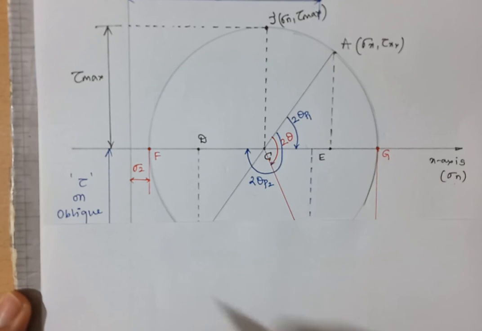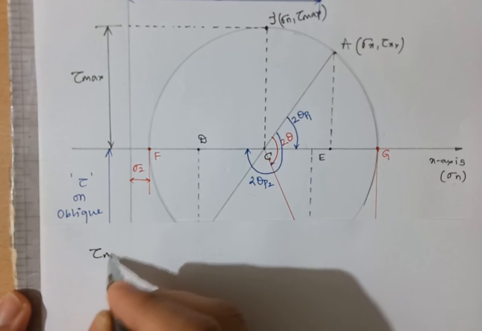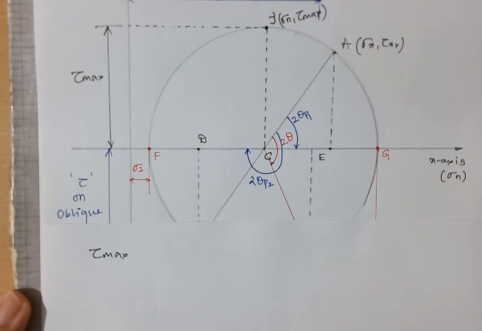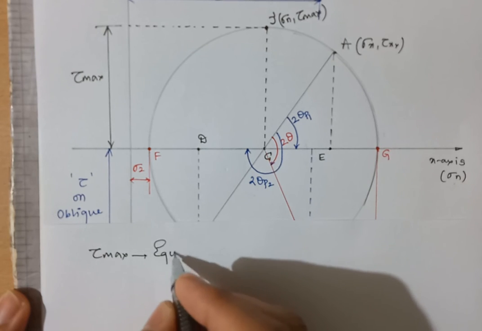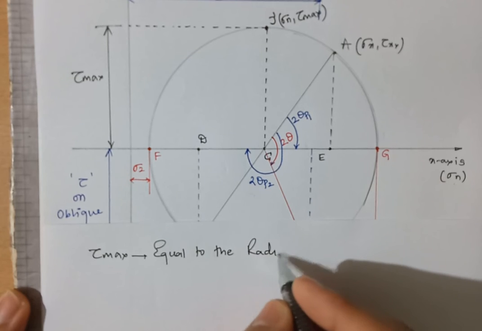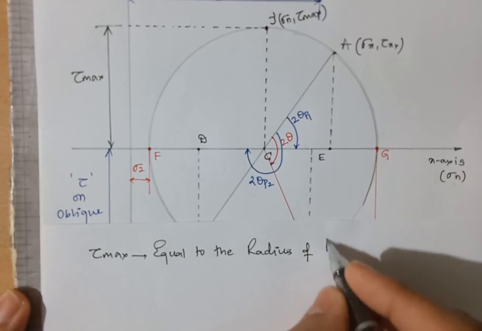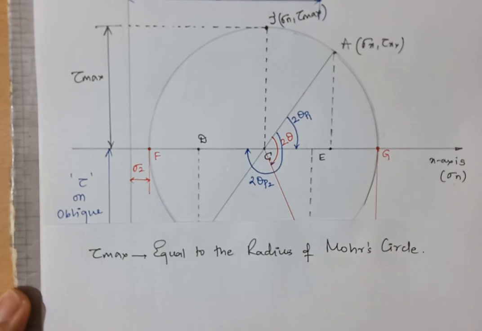In the calculation part, first I'll be calculating the value of tau max. How to calculate the value of tau max? First thing I need to remember is tau max is always equal to the radius of Mohr's circle.